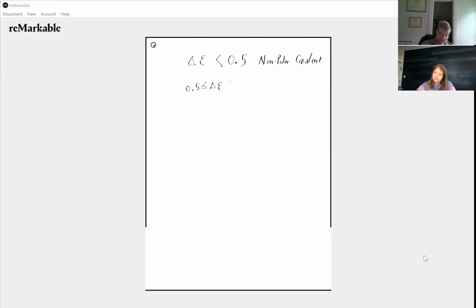If the change in electronegativity is between 0.5 and 1.5, if I'm remembering correctly, it is polar covalent. And if it is greater than 1.5, then it is ionic.